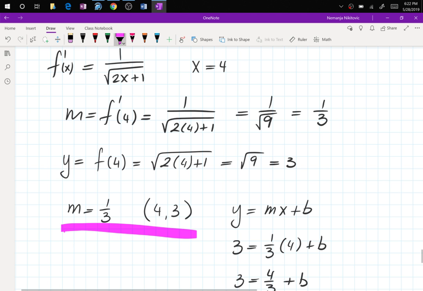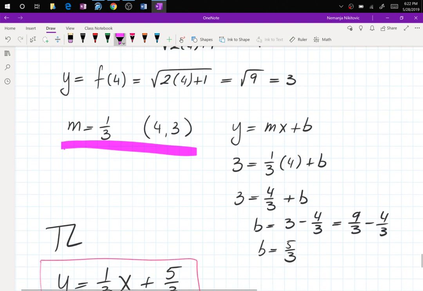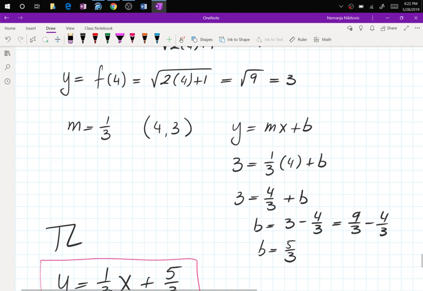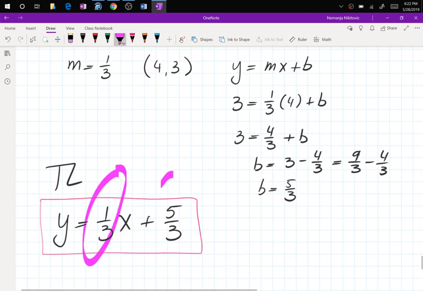You can use either y equals mx plus b, or you can use the point-slope formula, y minus y1 equals m times x minus x1, whatever you like better. And once you plug in y, m, and x, which are all given to you there, you get b is 5/3. You plug in your m, you plug in your b, and you have your y equals mx plus b equation of the tangent line.